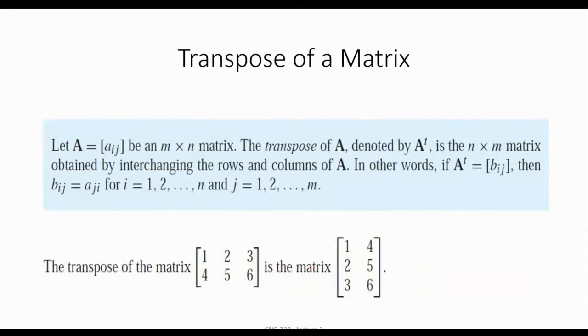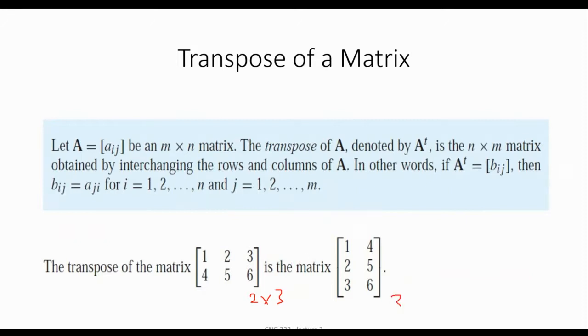This term is also very important. Transpose of a matrix. What do we do here? In this scenario, for example, if this one has the size 2 by 3, 2 rows and 3 columns, when we talk about the transpose, we interchange the place of the column and row.